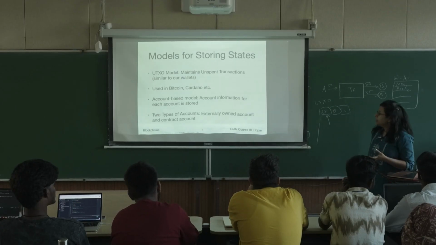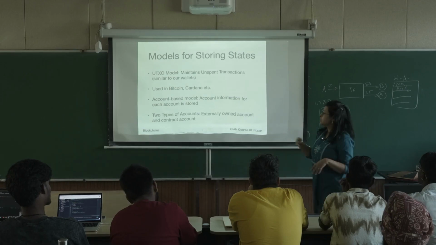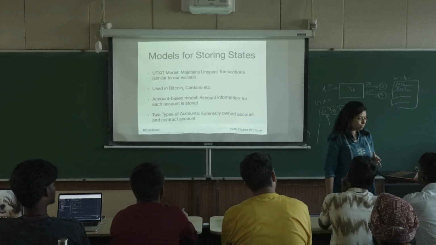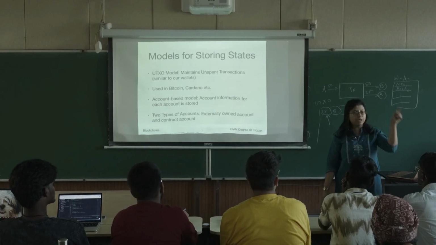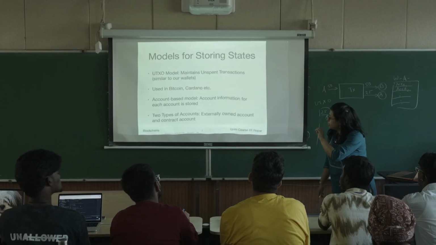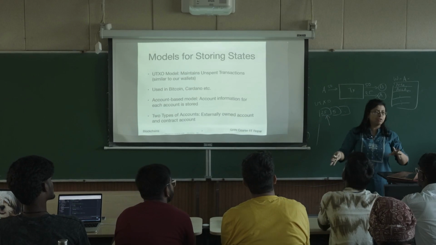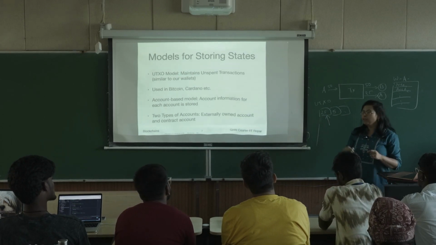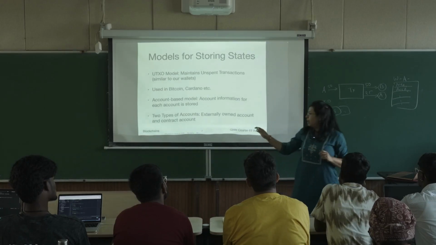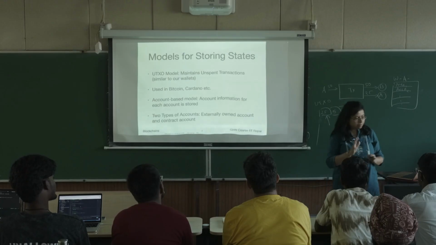In Ethereum there are two types of accounts: an externally owned account and a contract account. An externally owned account is where you can make transactions from one account to the other. For a contract account, every smart contract has a corresponding account, and the values of the smart contract are stored in this contract account. We'll see these later.